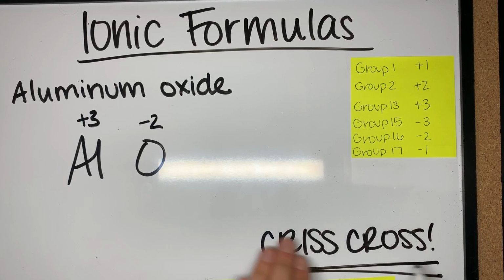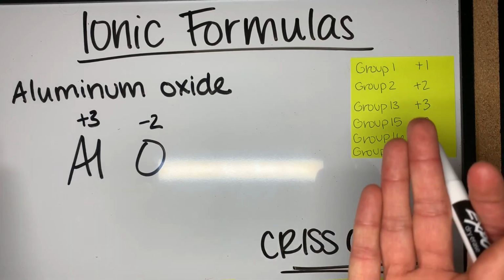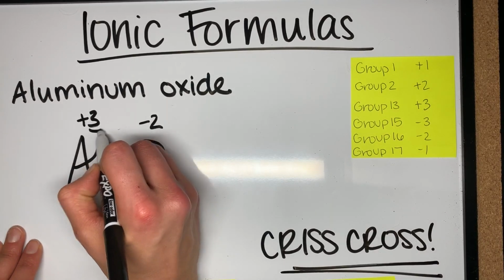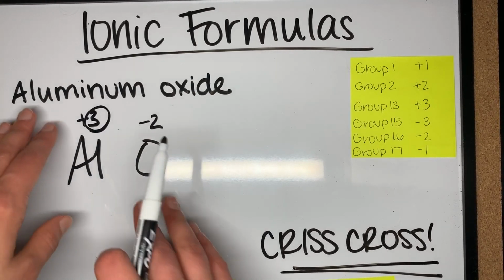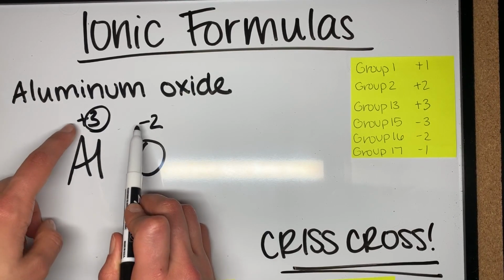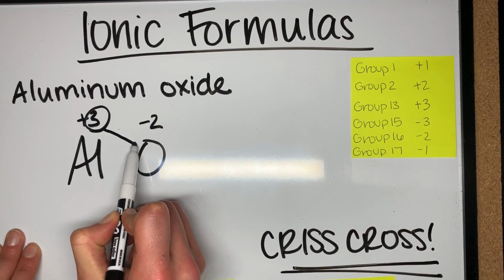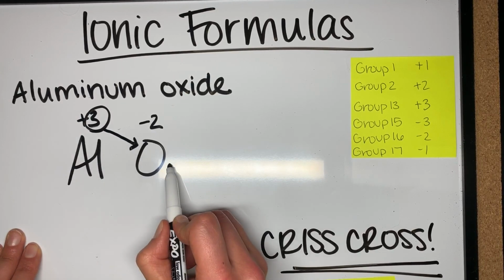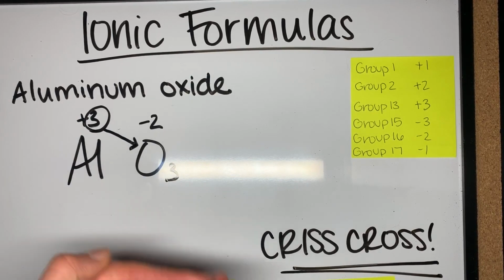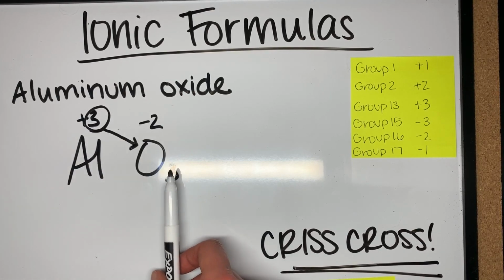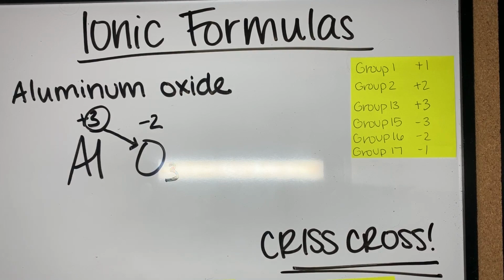Now we get to the crisscross, which is right now, and it's exactly what it sounds like. We are going to crisscross. We take the charge above the aluminum, just the number. We don't actually take the positive and negative with us, just the number, and we put it as a subscript on the other element. So the 3 above the aluminum goes as a subscript on the oxygen.